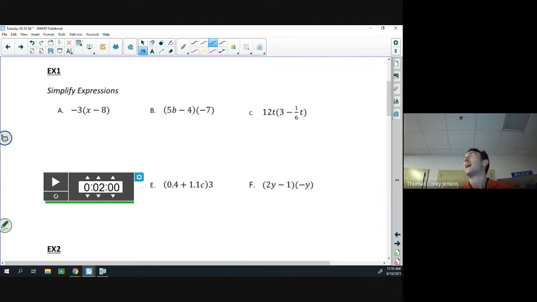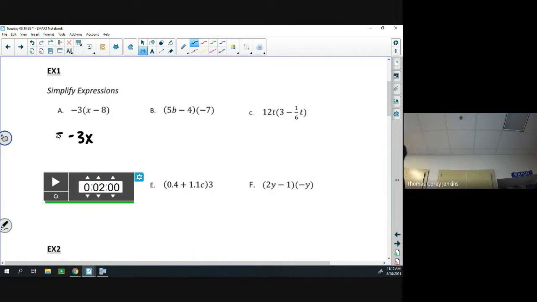I don't use the little cherry stem looking things. If you want to do that, if that helps, use them. I just usually don't. So do it either way, whatever helps. So on A, we're going to take -3 times x to get -3x. And then -3 times -8.